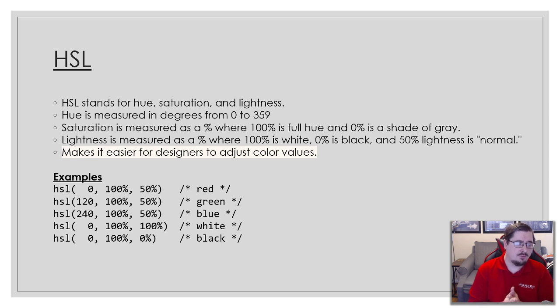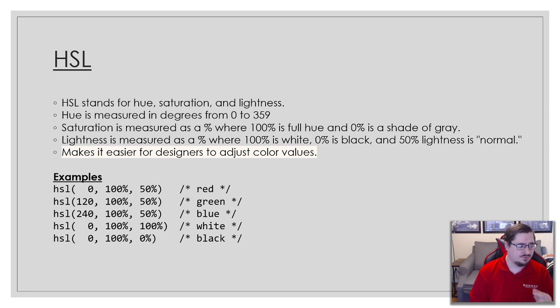So another way I can specify colors, I can specify as the RGB as the channels, or as those primary colors, or I can specify using hue, saturation, and lightness. And this is kind of a very different way to specify colors, and if you're not familiar with it, it may be kind of hard to visualize. But the way to think about it is think about it using a color wheel.